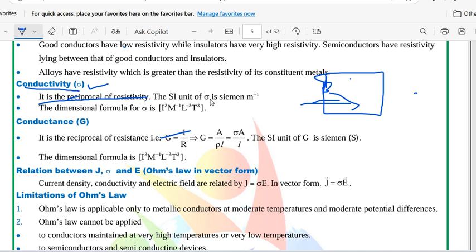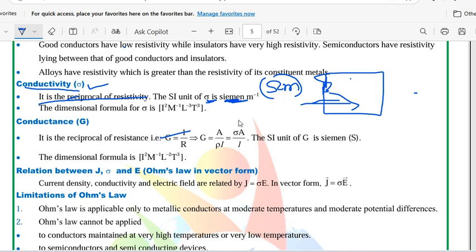The SI unit of sigma is per ohm per meter, that is, Siemens per meter. I have told you that the SI unit of resistivity is ohm meter.